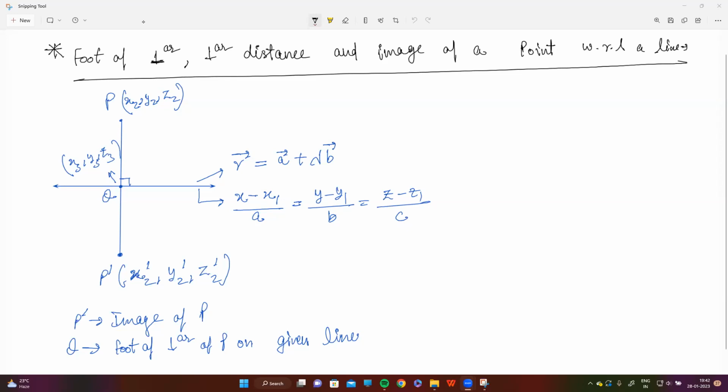The distance of the object from the mirror is equal to the distance of the image from the mirror. Hence PQ is equal to P dash Q, and Q would be the midpoint. So once you find Q, you can find P dash easily by applying the midpoint formula. And Q can be found in the later slides.